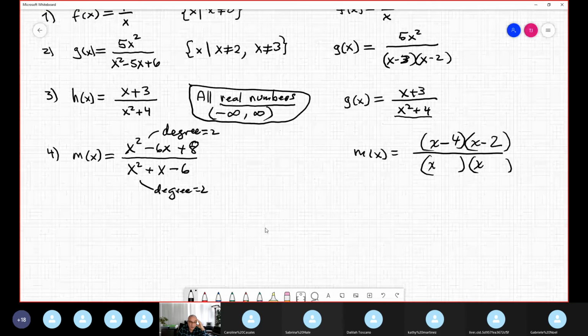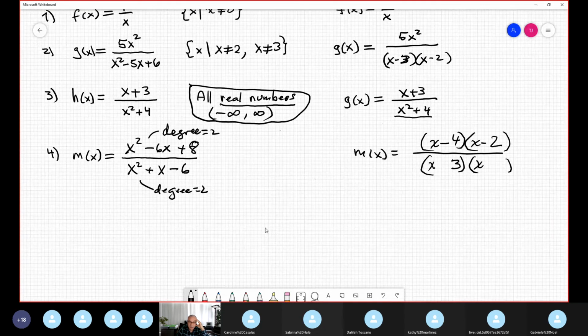And the polynomial at the bottom is 3 and 2, because 3 times 2 is 6, and 3 minus 2 is 1. In this case, they have opposite signs, this is positive and this is negative. And you can see that the factor x minus 2 we can cancel out, and M(x) is equal to x minus 4 divided by x plus 3.